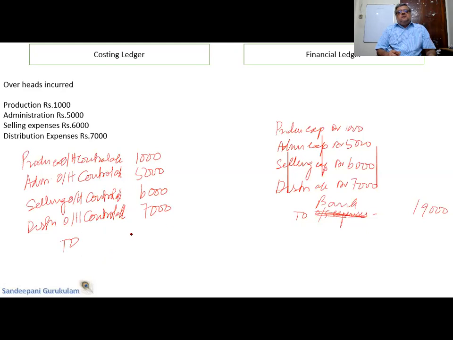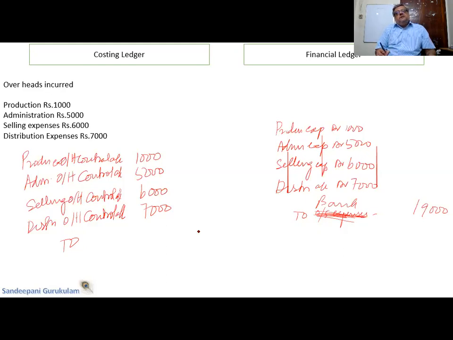You cannot use a personal account, or an outstanding expenses account, because when outstanding expenses are reversed, it will again be reversed with a bank account. So you can't use that. I just used it to show a difference, but let's keep it uniform for understanding.